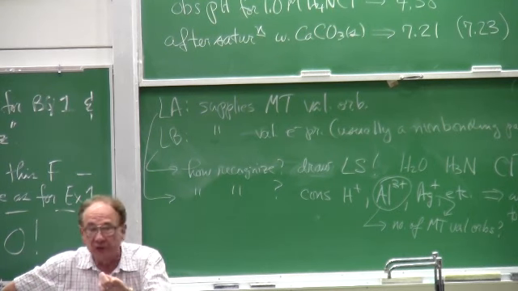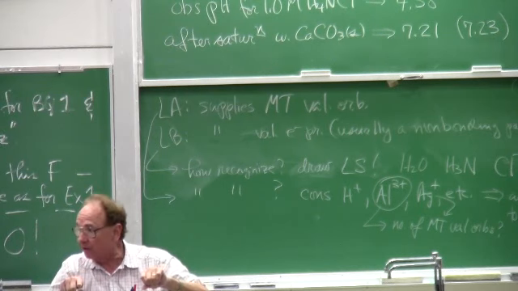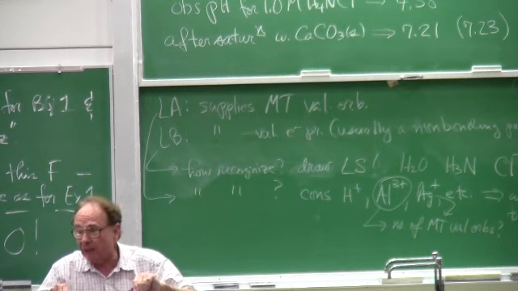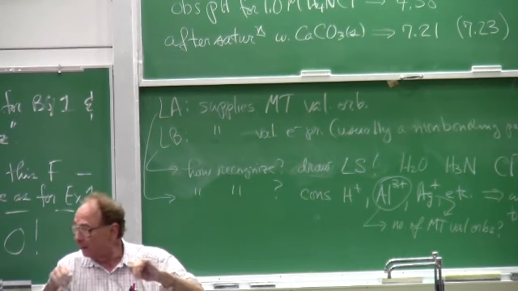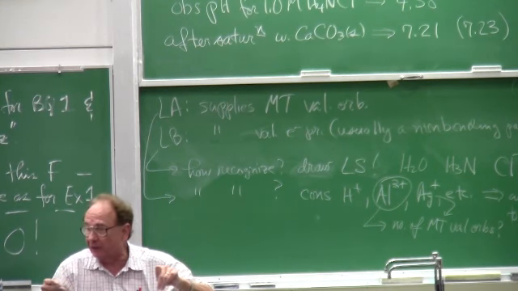We already know that hydrated aluminum ion has the formula Al(H2O)6, not 7 or 8 or 9, because there isn't enough space to put 9 water molecules around Al+3.